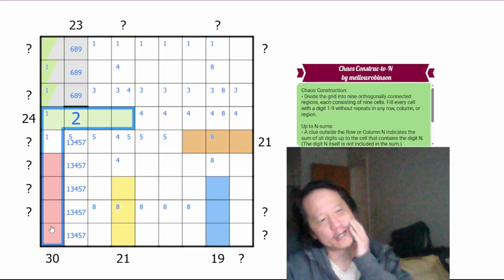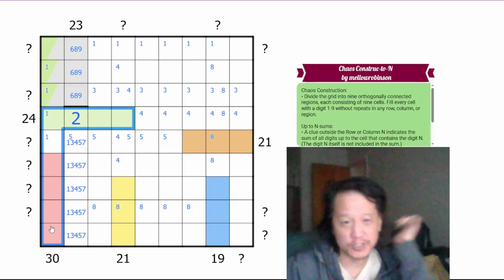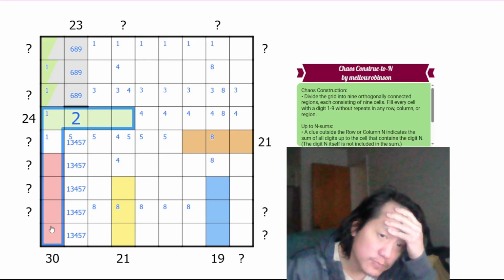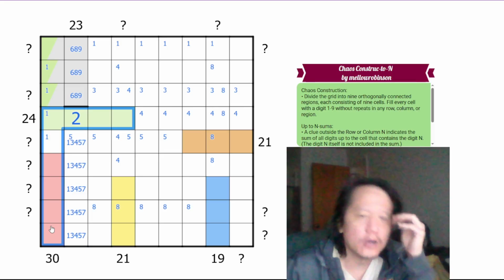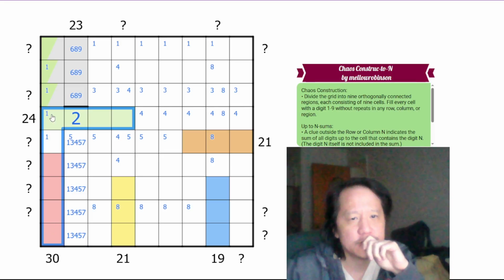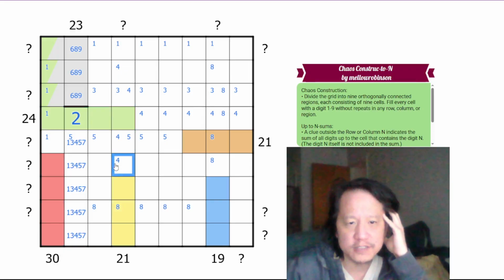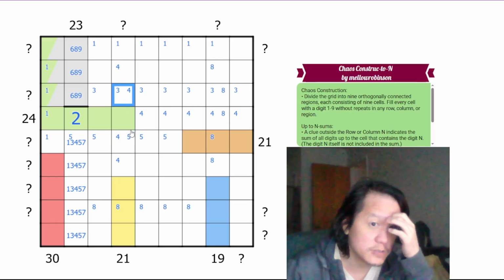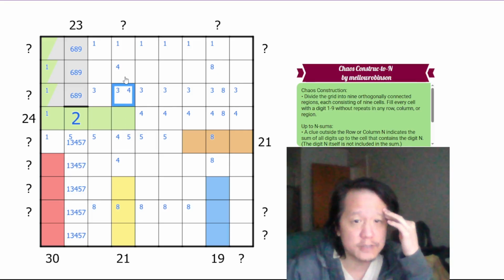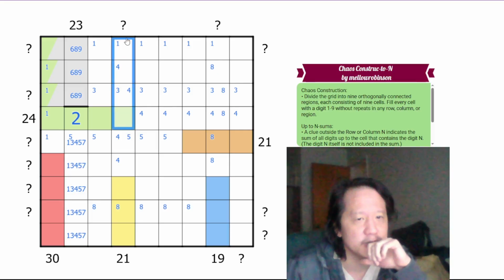And then that would add up to 45 there as a region. Oh, hold up. Okay, for these, that means the 4 has to be between, essentially, these digits, right? It has to all be the same region. Okay.